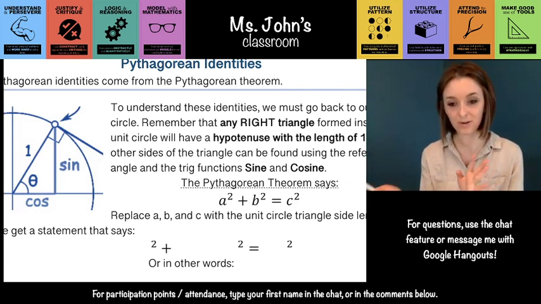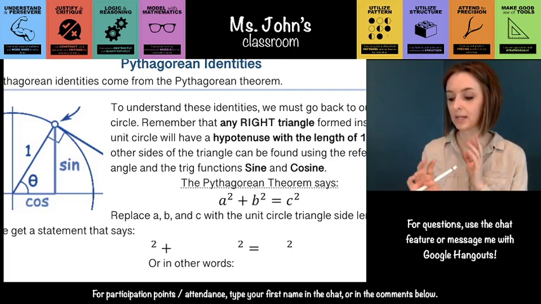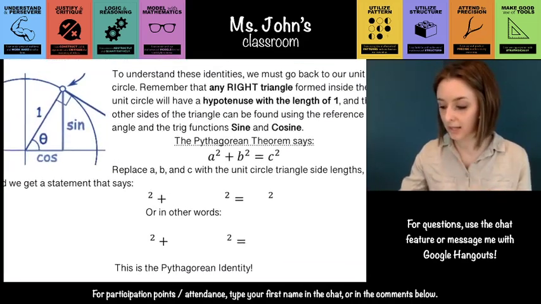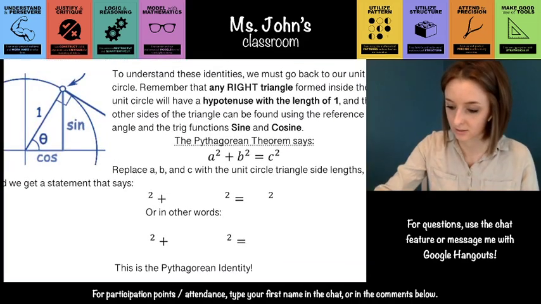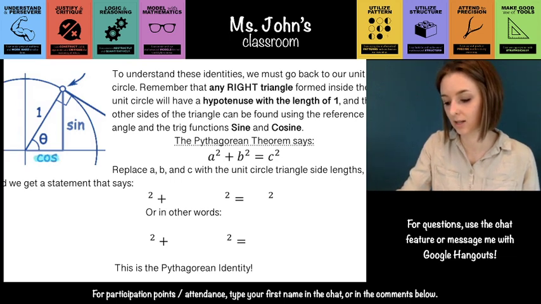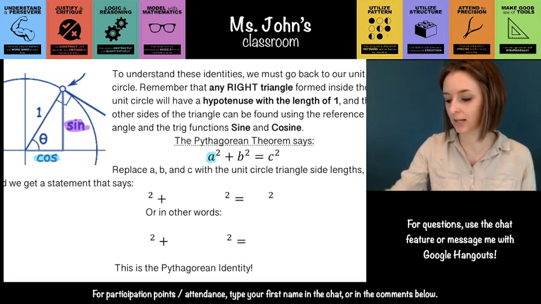A squared plus b squared equals c squared. We're pretty familiar with the Pythagorean theorem, hopefully. And then what you can do with that equation is replace A, B, and C with what we have in this triangle over here. So we'll replace A with cosine of theta, B with sine of theta, and C with 1.